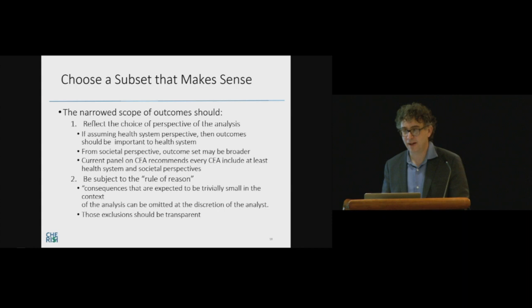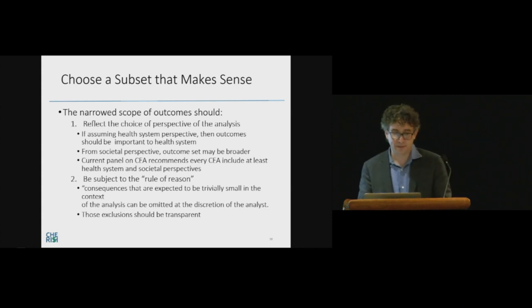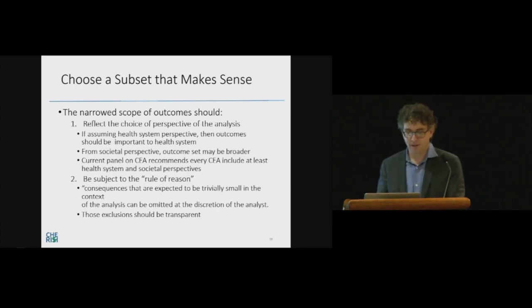It was somewhat earth-shaking in the world of cost effectiveness that the current guidance recommends that every cost effectiveness analysis includes at least 2 perspectives, both the health system perspective, which realistically is what we've all been doing all along, and the societal perspective. So I don't know if it's double the work, but it's more, right? There are more outcomes to be had there because we need to be doing things from 2 different perspectives.